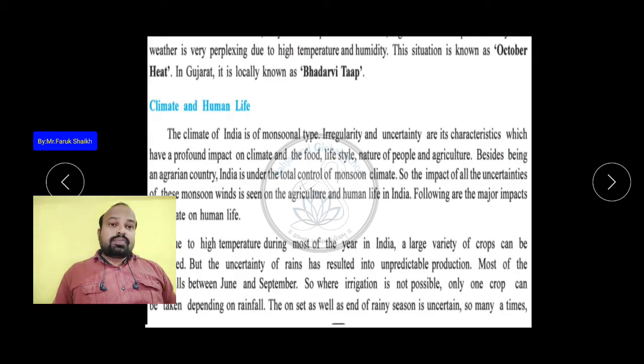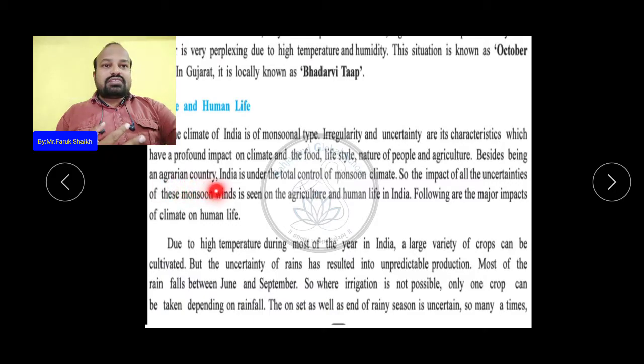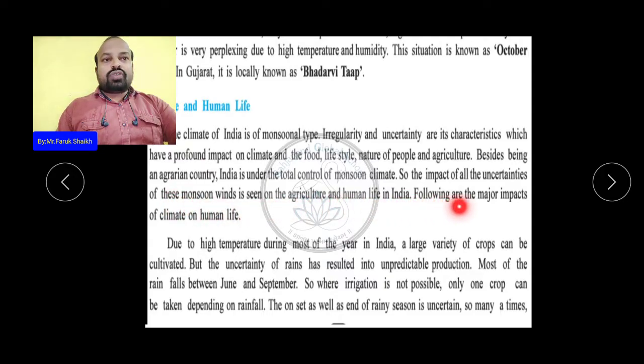And that also impacts the climate and the food, lifestyle, nature of the people, and the agriculture. Besides being an agrarian country, India is under the total control of the monsoon climate. We are completely under the control of the monsoon climate, because most of the farmers depend on the monsoon rains. So the impact of all the uncertainties of these monsoon winds is seen in the agriculture and human life in India.